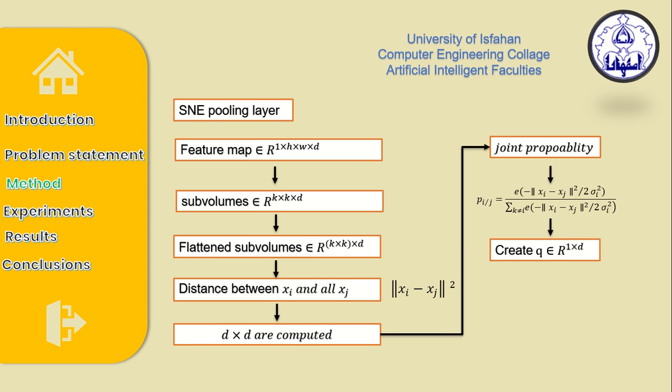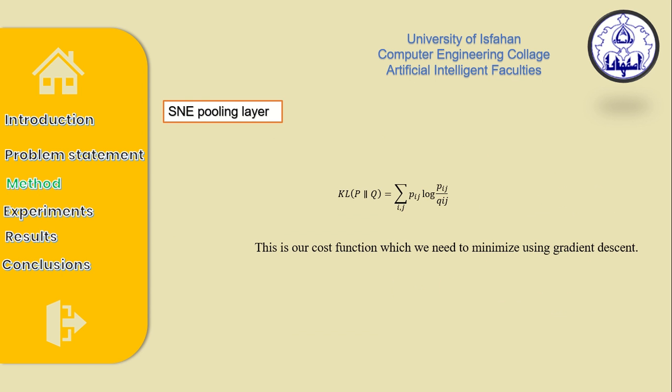Then we will create our new space Q with 1 by D, 1 by D, 1 by D. This will be created according to this equation. If we see the difference between the two equations, in the first, the sigma is different for each subregion, but here we just remove this because it is equal for all the space.